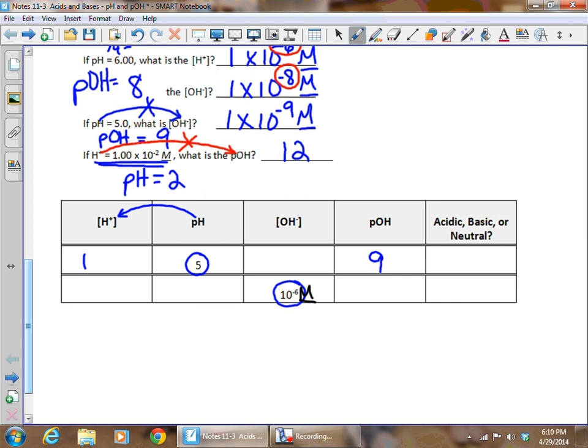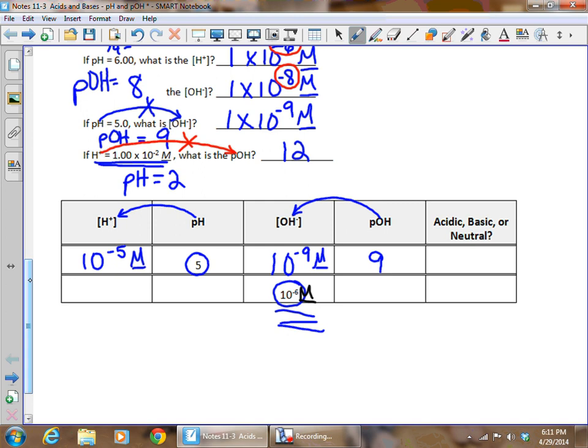So this is 10 to the minus, and since this was 10 to the minus 6 down here, I'm going to keep that same pattern and just put 10 to the minus 5th molar for my hydrogen ion concentration. Don't have to have the 1 times in front of it. And since pOH is 9, I can find hydroxide ion concentration directly from that. So 10 to the minus 9th molar for my hydroxide ion concentration.